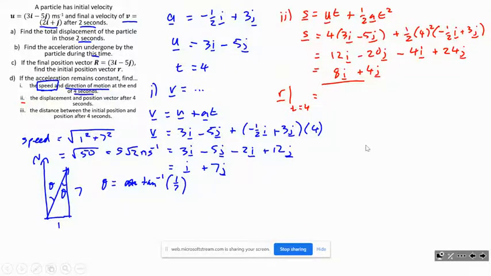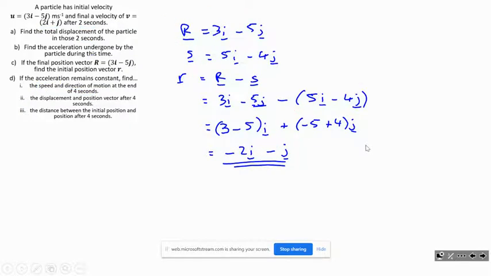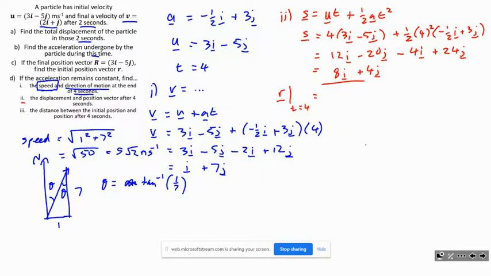Let me just double check it. -2, -1. -2i - j, add our displacement, which is going to be 6i + 3j. That's our new position vector.